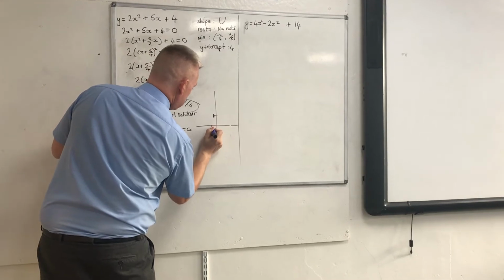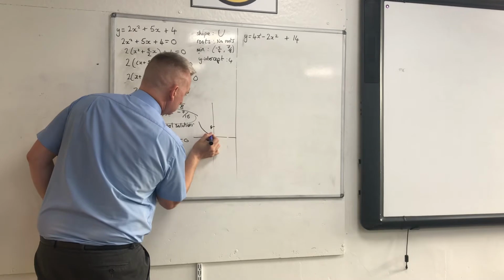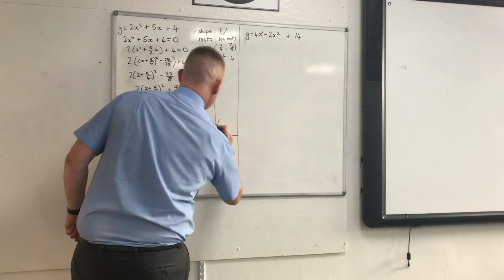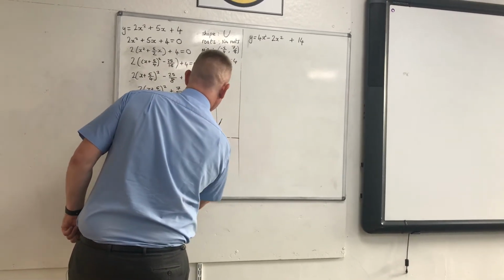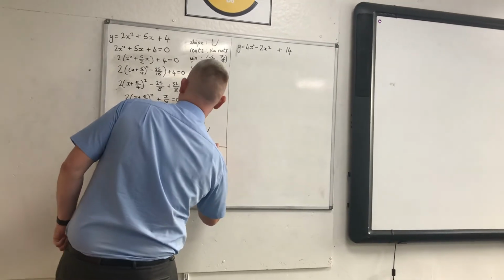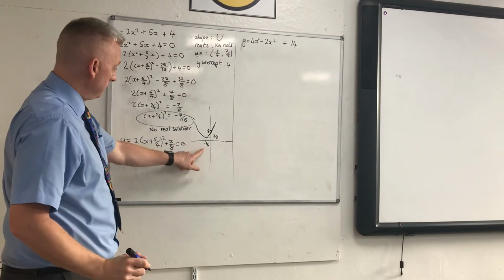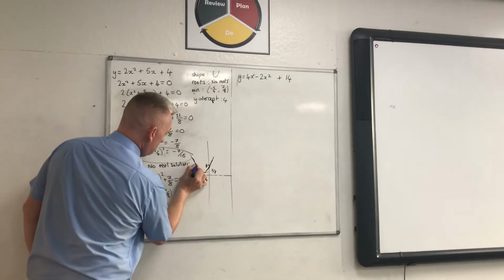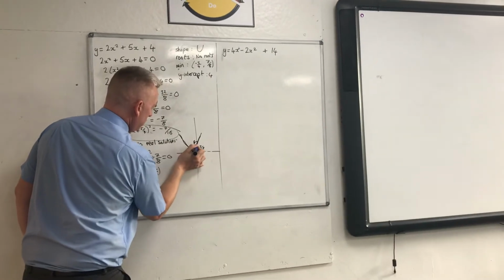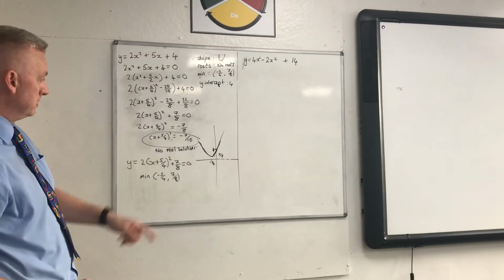This doesn't have to be to scale, as long as you do try and draw it a bit better than I've done it there. So you've got 4, and then that is 7/8. So negative 5 over 4, it goes from 4. It's not the best sketch there, but hopefully I've got some idea. I'll try to leave some more room on this one.